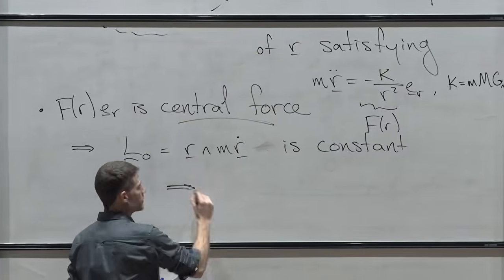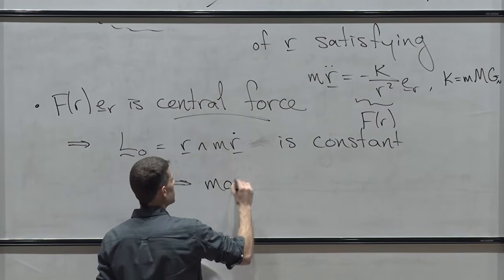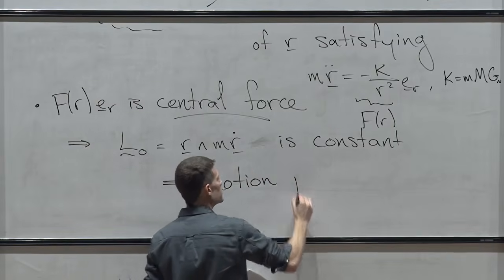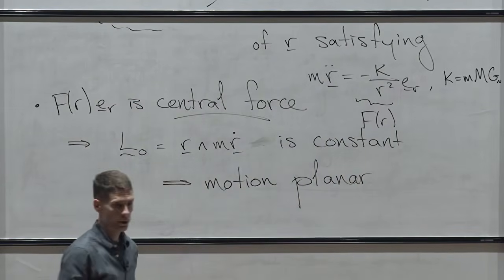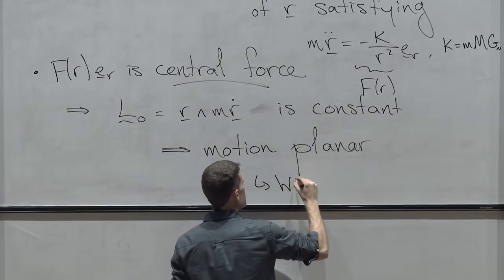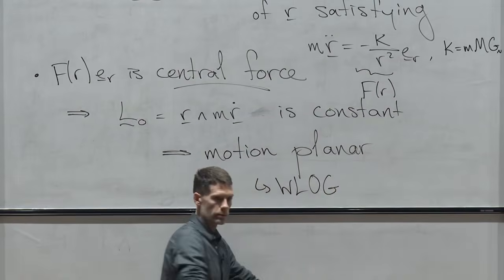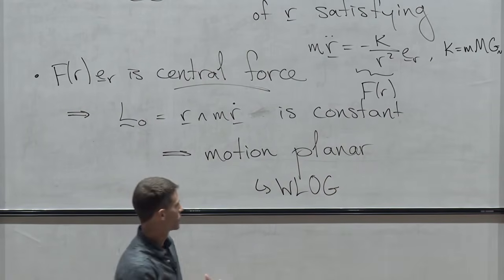And that further implies that the motion is planar, as we've seen before. Which means that we can work in what we might as well call the xy plane, but we'll really do this in polar coordinates.